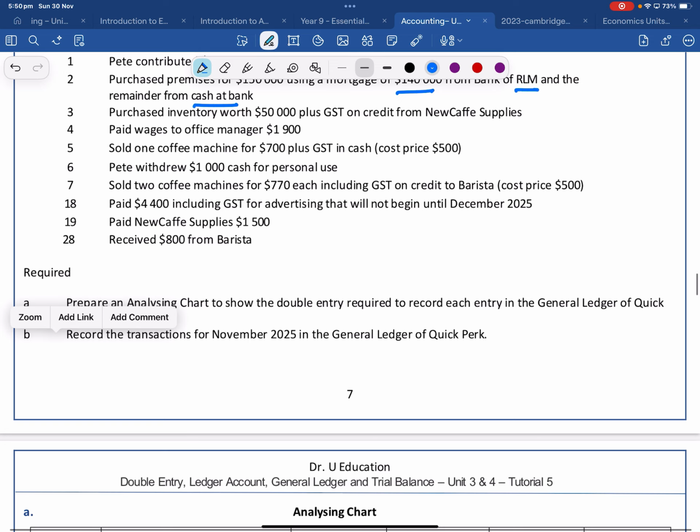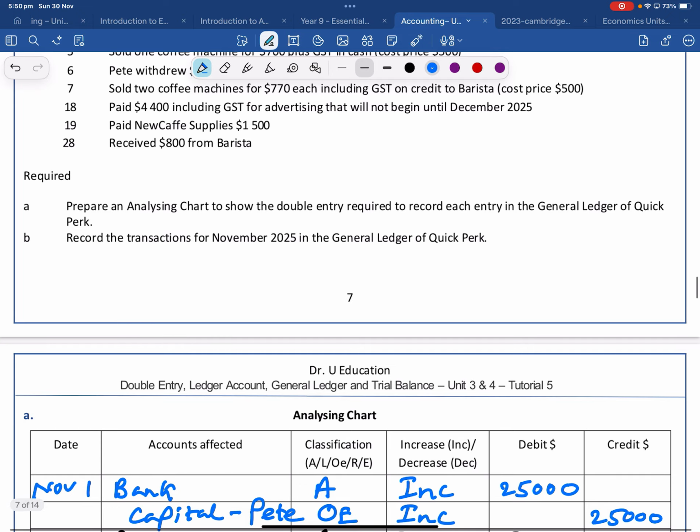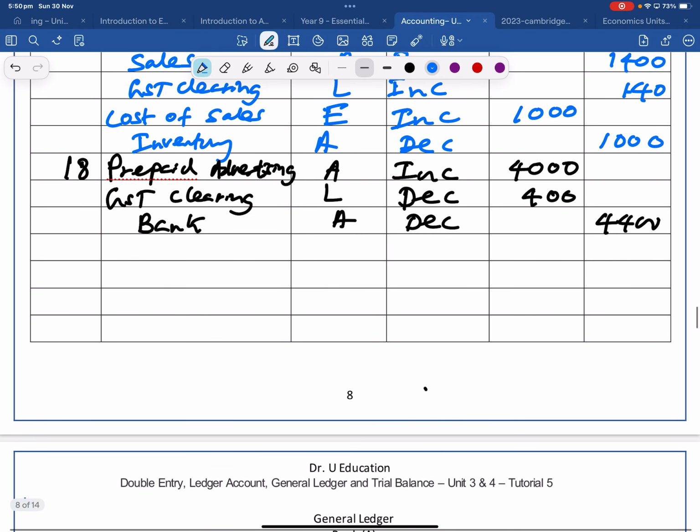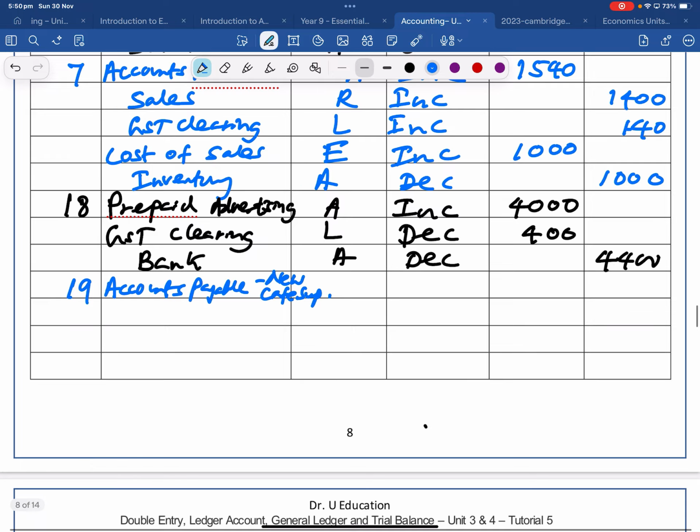Next one, 19th. Yes, paid new cafe supplies 1,500. Right. What's the double entry? 19th. Accounts payable. New cafe supply. Asset, liability? Liability. Increase, decrease?